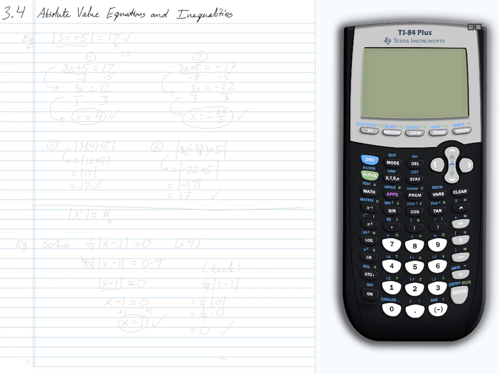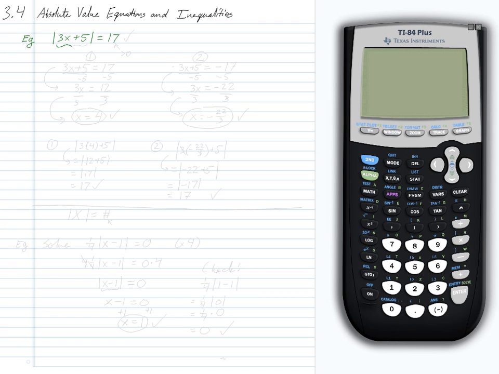So generally speaking, the absolute value of a number represents that number's distance from zero, its magnitude. So if we want to solve an equation along the lines of the absolute value of 3x plus 5 equals 17, there are two possibilities.